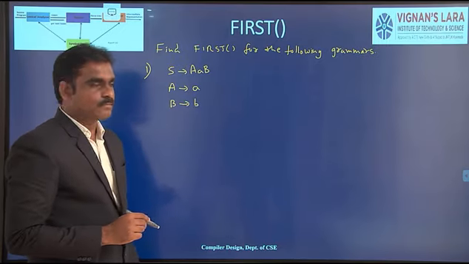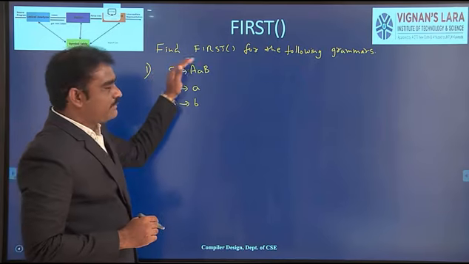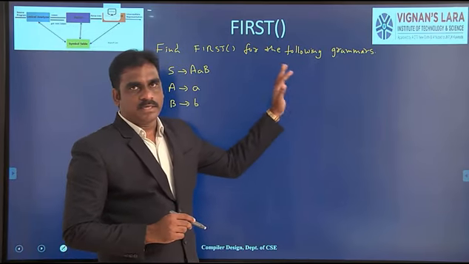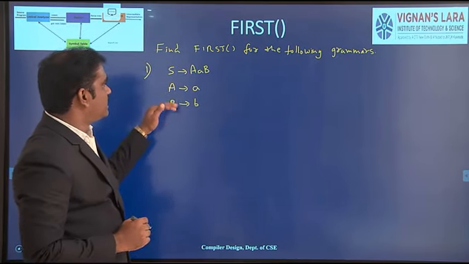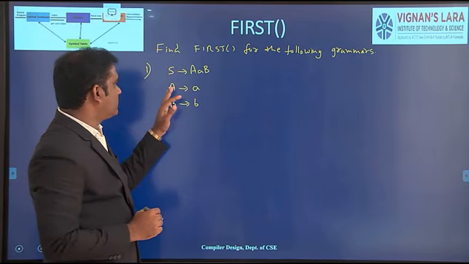This is the grammar. So find first for the following grammars, and the first grammar is S to AAB, A to a and B to b.